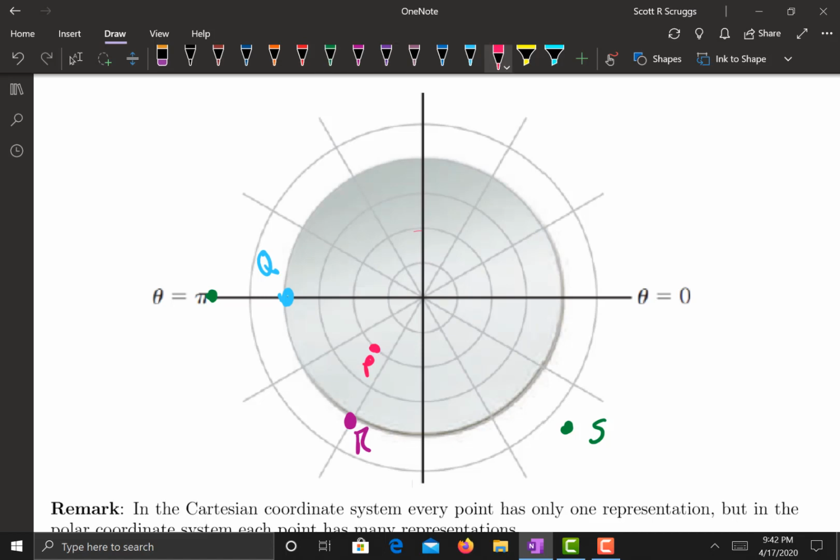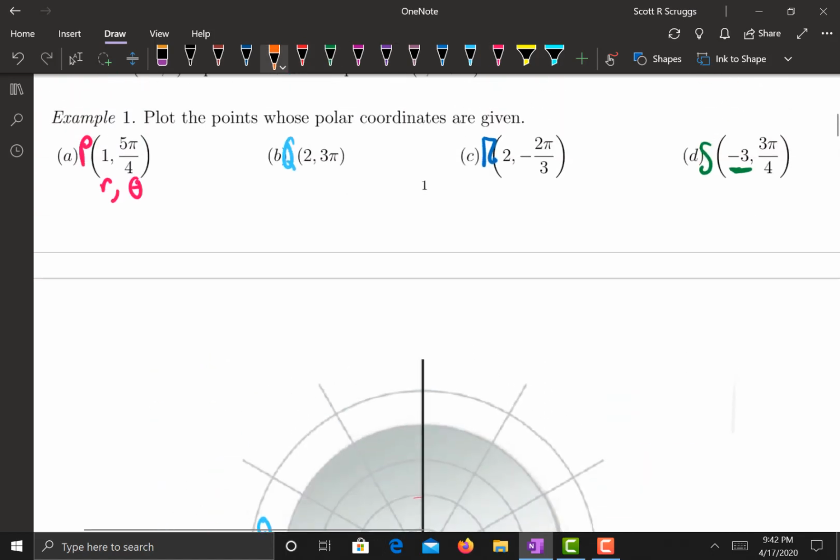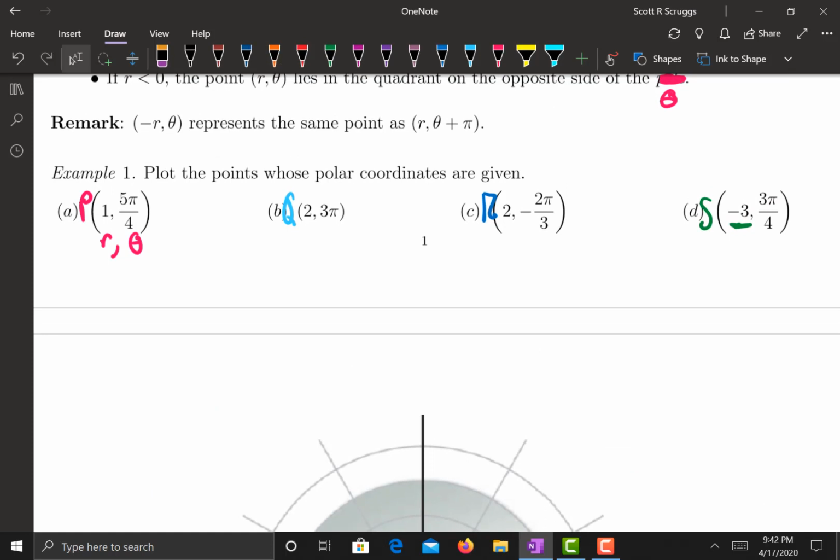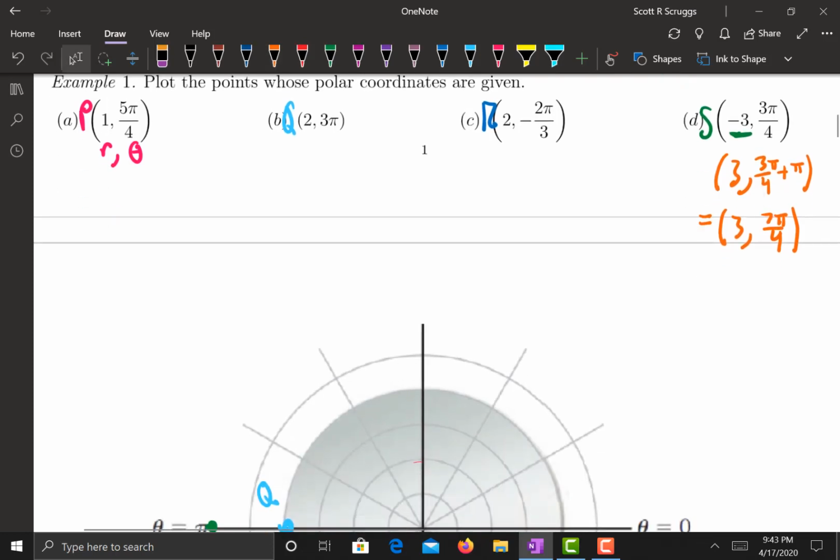So let's go ahead and draw this again using that remark above. This is saying it's the same as starting at 3, ending up at 3 pi over 4 plus pi, which, if you do that, I get 7 pi over 4.